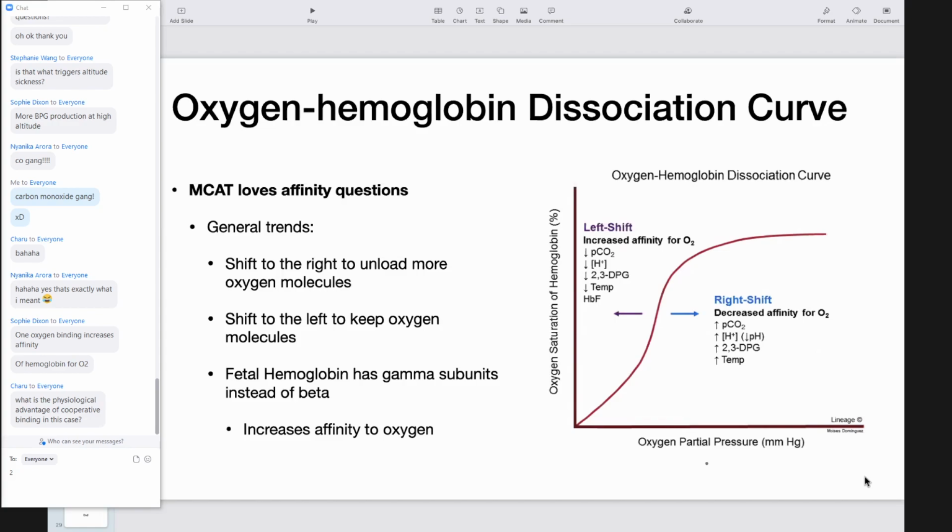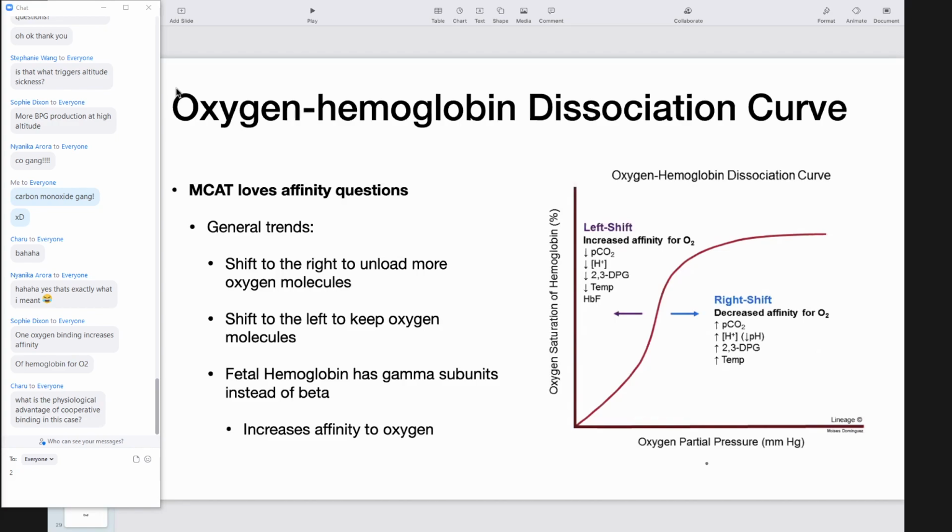And then we have the oxygen saturation of hemoglobin on the y-axis. As we bind each additional oxygen, we're going to exponentially increase, and then we're going to level off. So this is what the sigmoidal curve looks like. This curve, you can tell right off the bat, exhibits cooperativity.